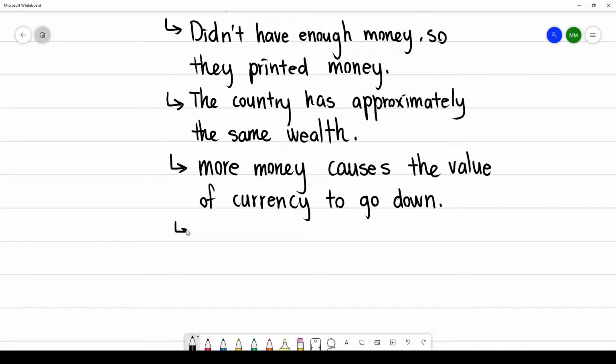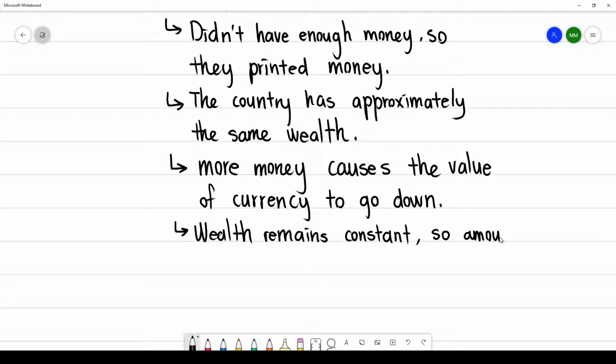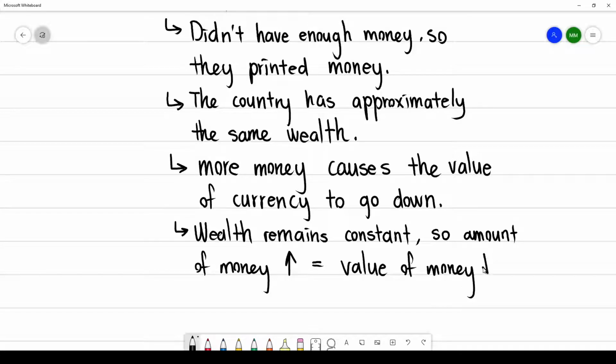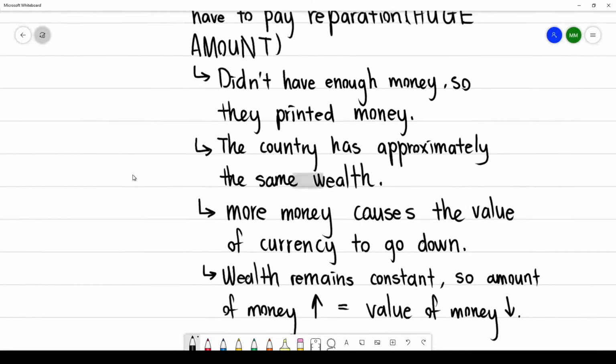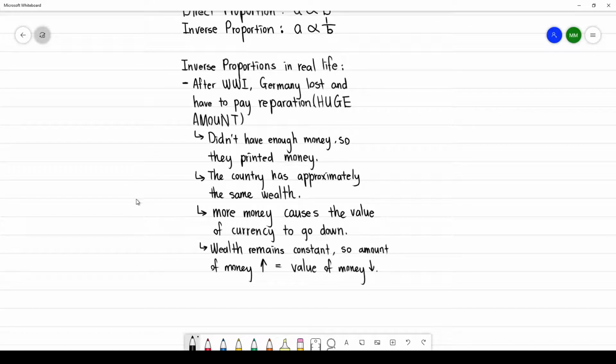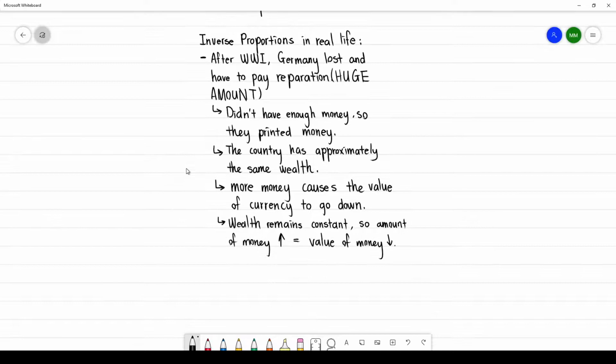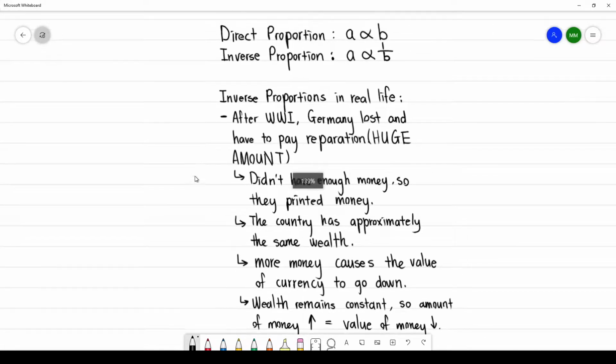So the amount of money goes up, the value of money goes down. That is why printing more money is not good. This is what we call inflation, if you guys have heard of that word before.